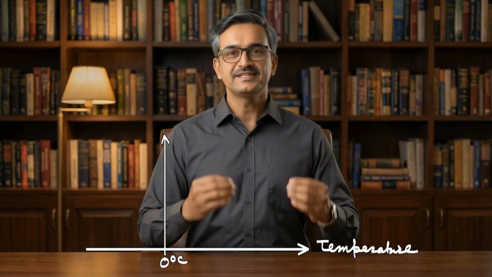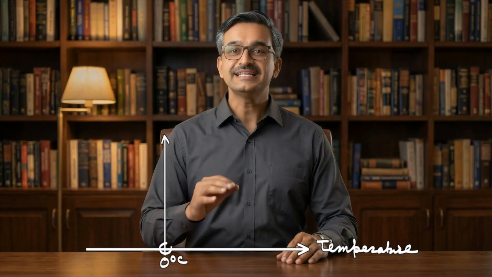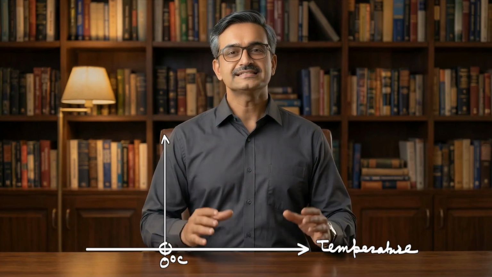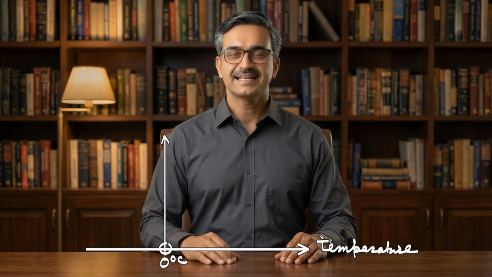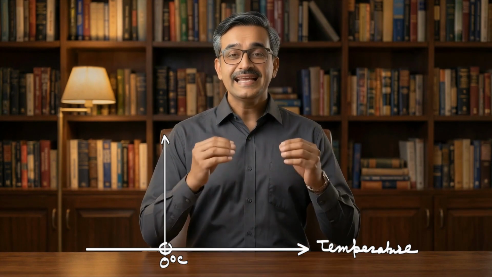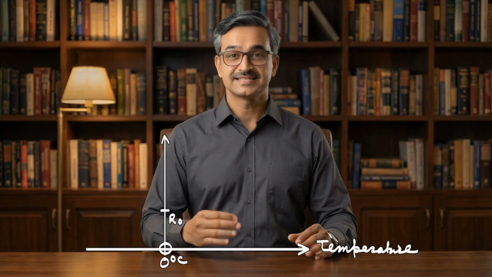So, the point of intersection of the vertical and horizontal axis represents 0 degree centigrade. Now, consider a metallic resistor. If we measure the resistance of this resistor at 0 degree centigrade, let that value be R0. So, this height on the vertical axis represents the value R0.